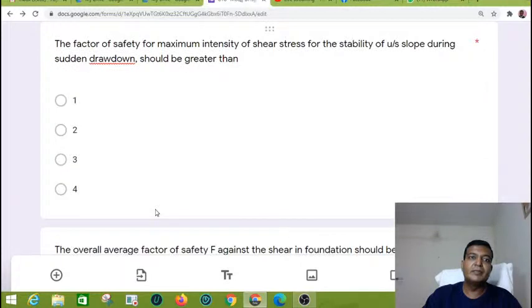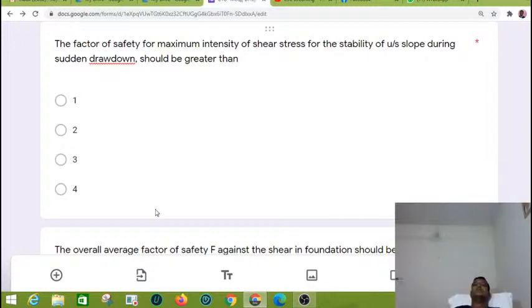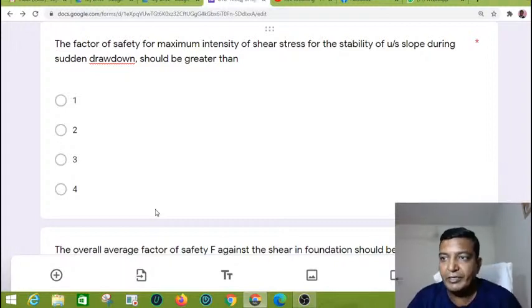The factor of safety for maximum intensity of shear stress for the stability of upstream slope during sudden drawdown should be greater than... Write your answers in chat box fast.